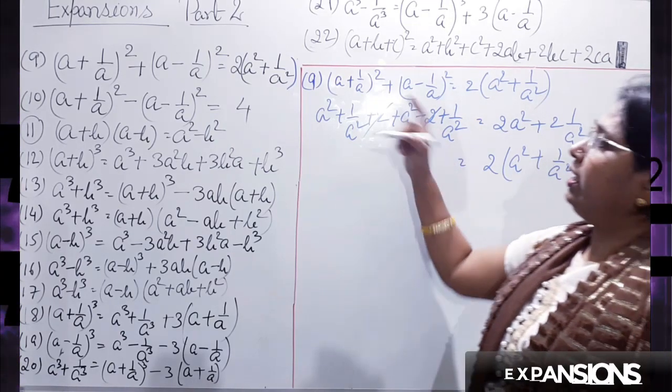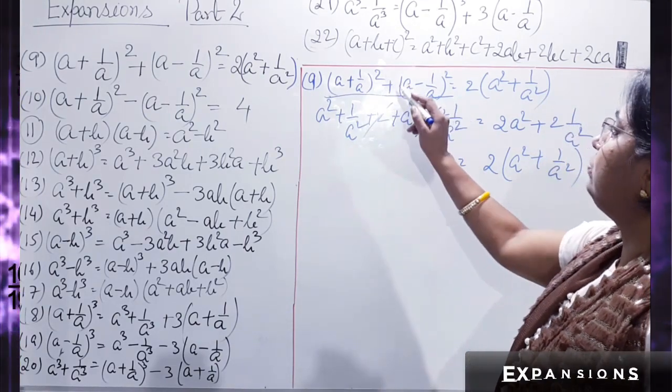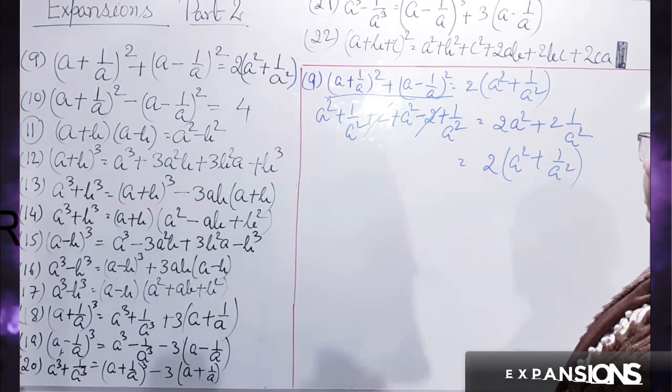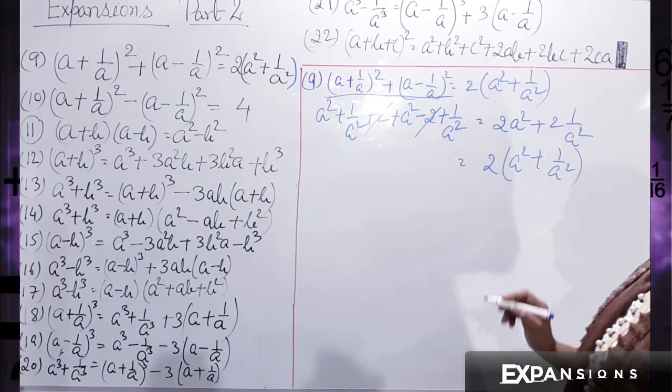In this way, your expansion of (a + 1/a) whole square plus (a - 1/a) whole square is equal to 2 into (a square plus 1 by a square).